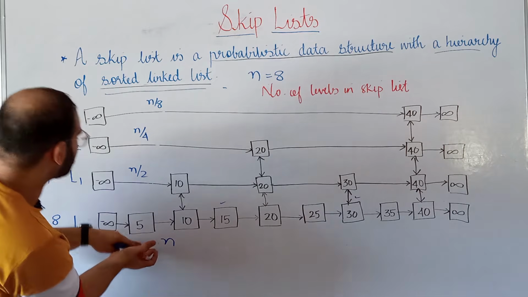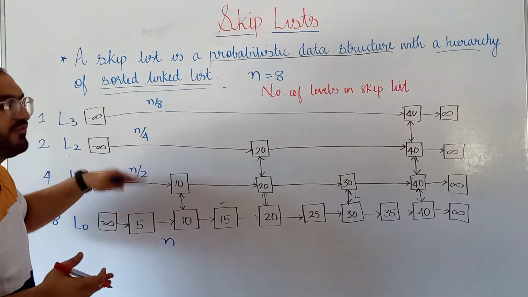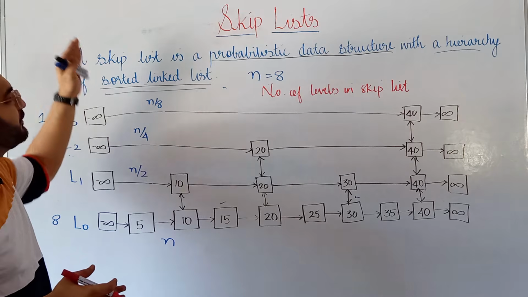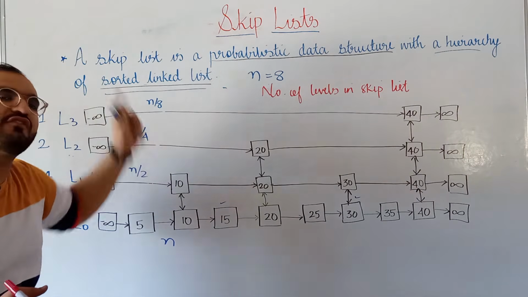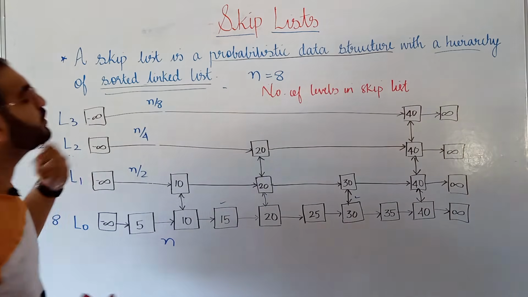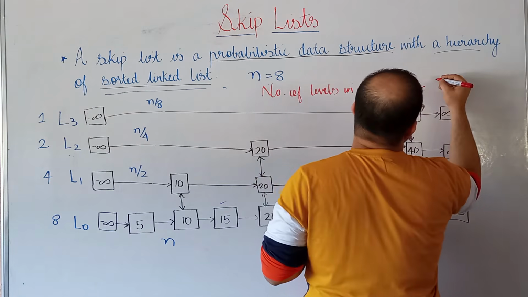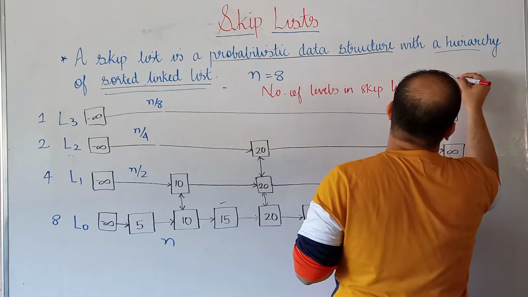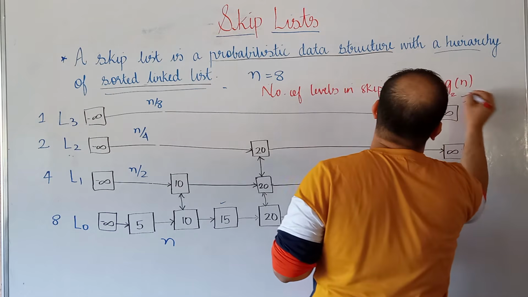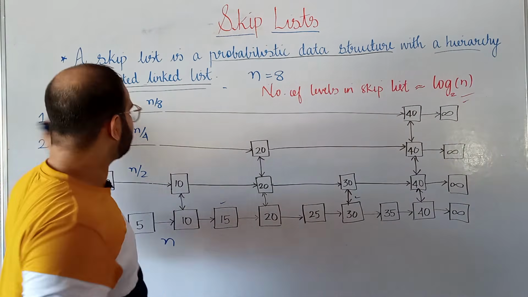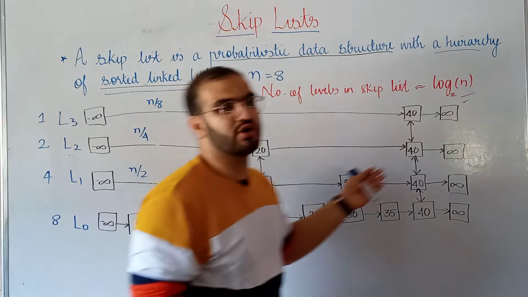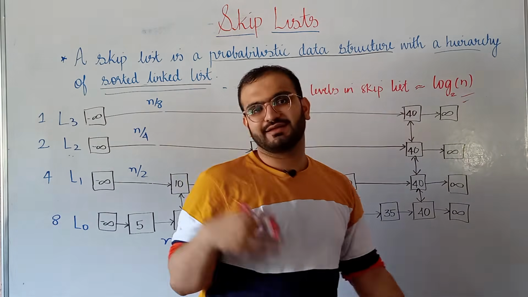So here the number of nodes is being halved as we go upwards, right? So we will do this until we are left with just one node. So the number of levels in such a skip list will approximately be equal to log n, right? Log n to the base 2.